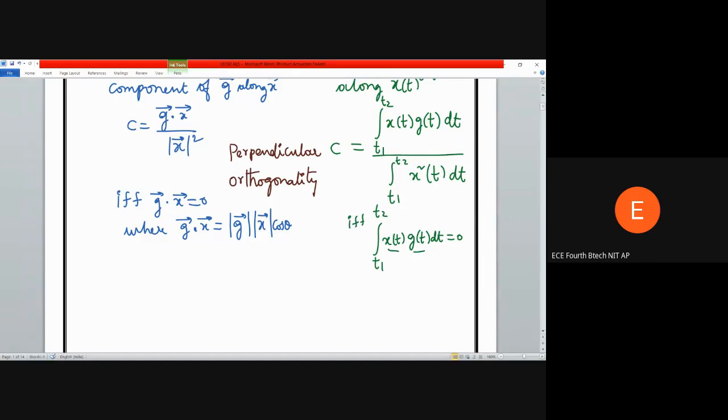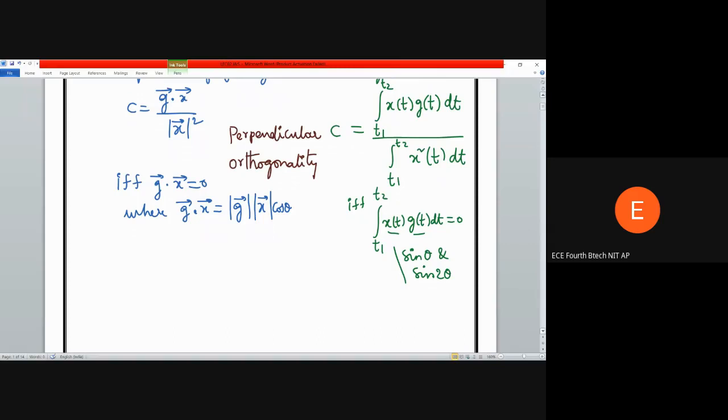We also took the example of two signals, sine theta and sine 2 theta, and we observed that these two are orthogonal in nature. We also considered sine theta and cos theta as an example, and we verified that sine theta and cos theta were also orthogonal to each other. Now we also defined this orthogonality condition for complex signals.